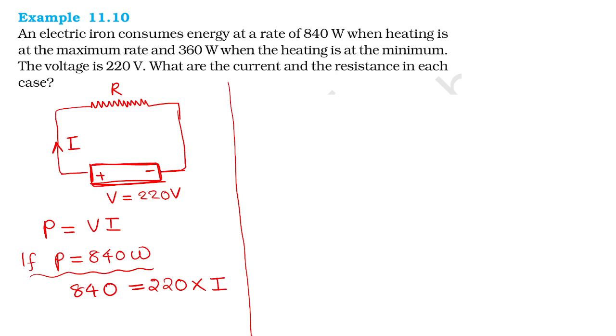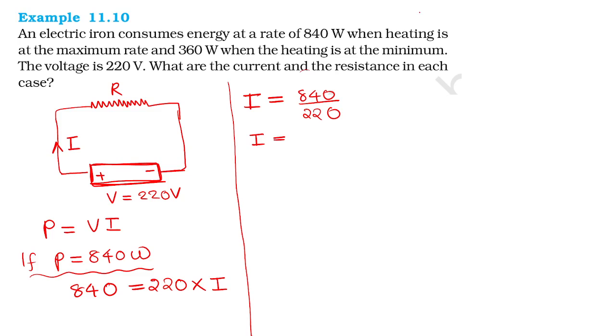So when power is 840 watt in the maximum level, you substitute P as 840. Voltage is 220. We have to find out the current. So when the power is 840, what is the current? This 220 can be taken to the left hand side. Is it okay? I equal to 840 divided by 220. We have to find the current.